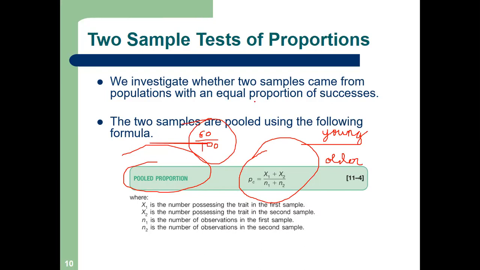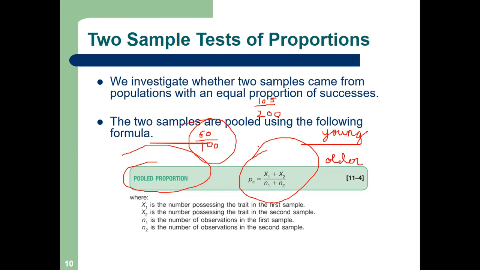And out of 200 older females, say 105 like the fragrance. So there is proportion one of younger customers who like the fragrance, and proportion two of older customers who like the fragrance.